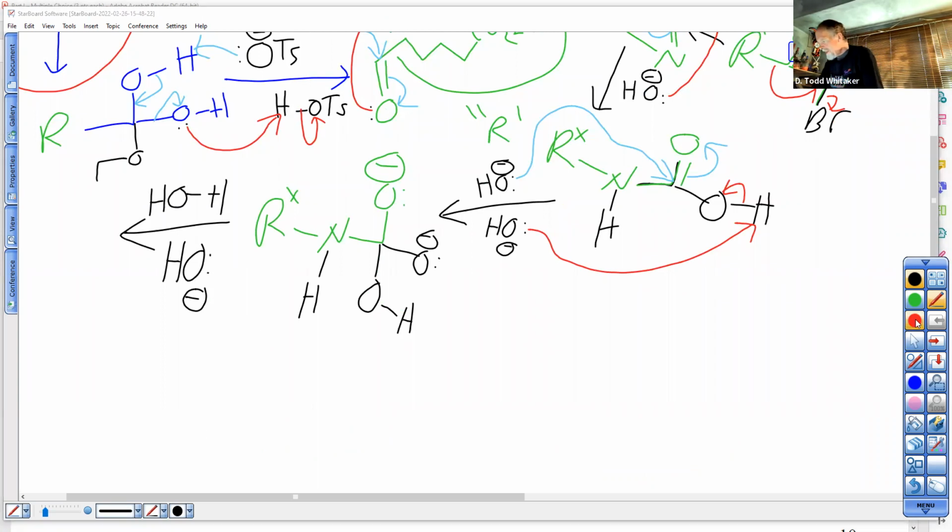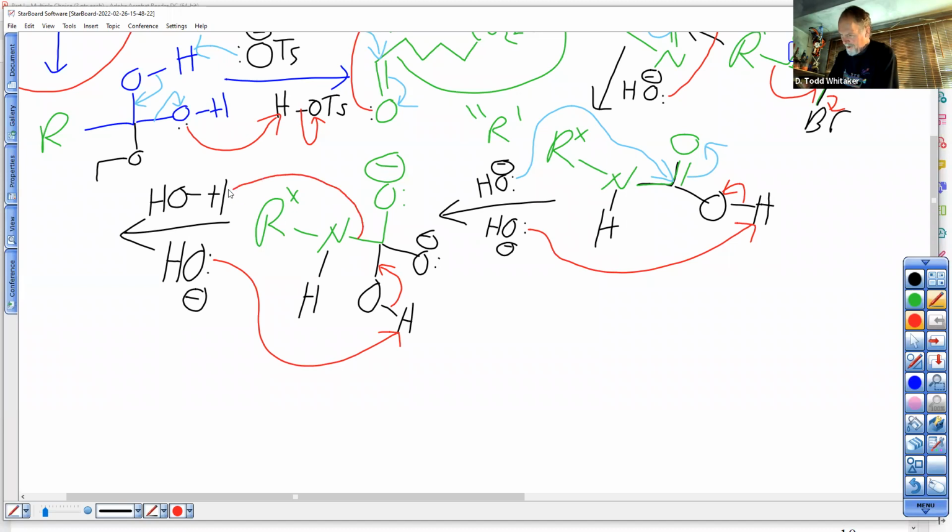Hydroxide is going to grab that H. Sigma becomes pi. Leaving group can only leave if we protonate on the way out. And there's your hydroxide back. And we get RxNH2. These are the products at the top of the screen. Just want to see them all here. Got 2 new H's.